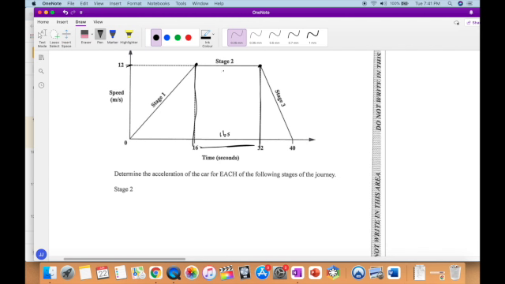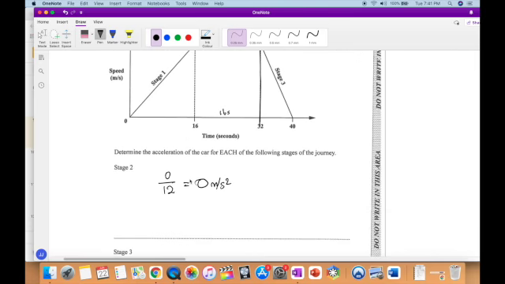So at the end of the day, there is no vertical rise. There is a horizontal shift of 16, but there is no vertical rise, 0. If we want the acceleration, we want the vertical rise over the horizontal shift. So we have 0 acceleration here, meters per second squared. And we can see that it maintains the same constant speed, so we didn't really have to show any kind of working. We can see here that the acceleration is 0, right?